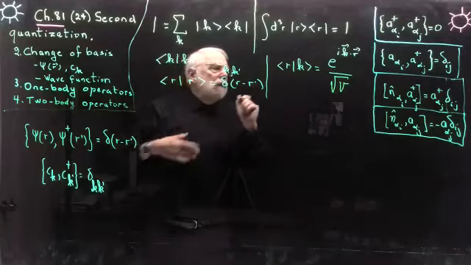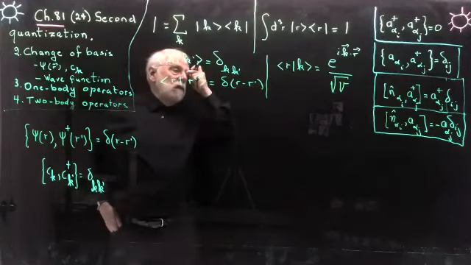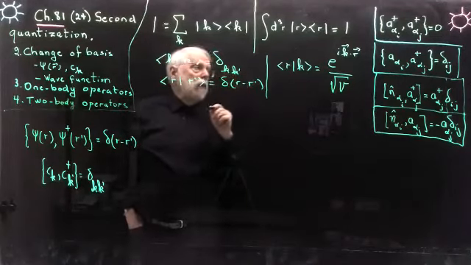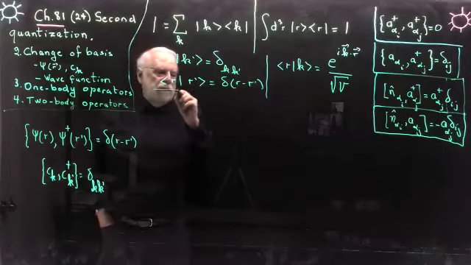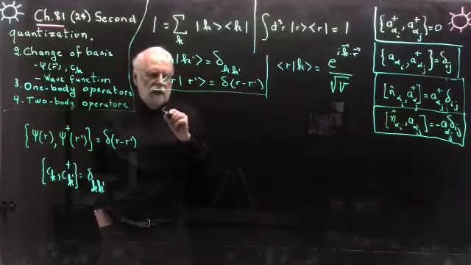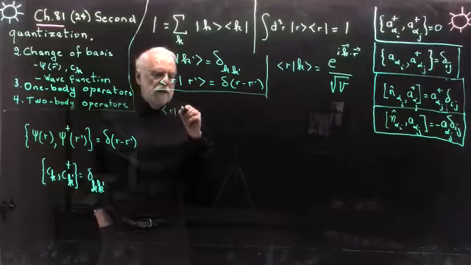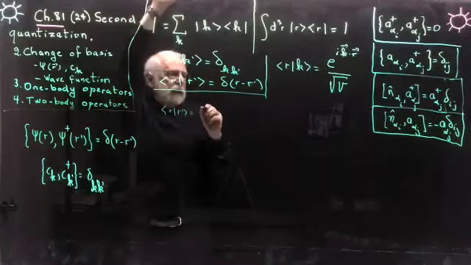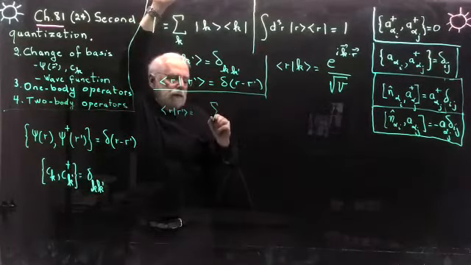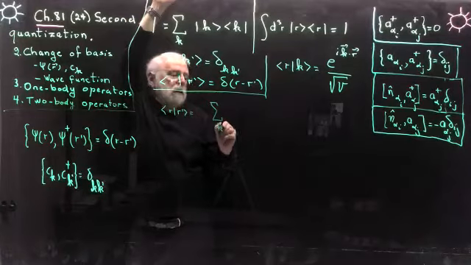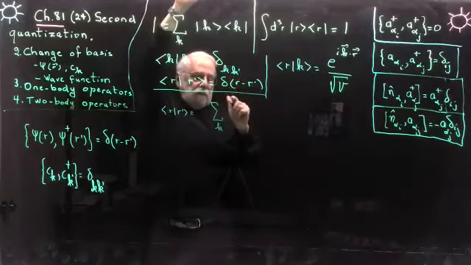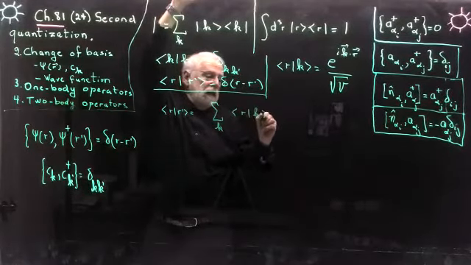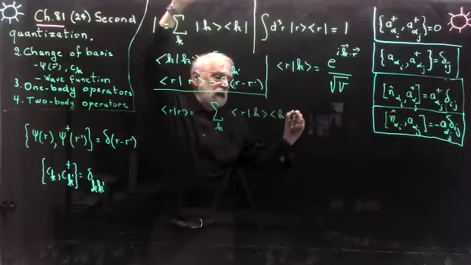So to see how this works out, let's look at <r|r prime>, for example. And then I put this identity here. So I have sum over K of <r|k><k|r prime>.